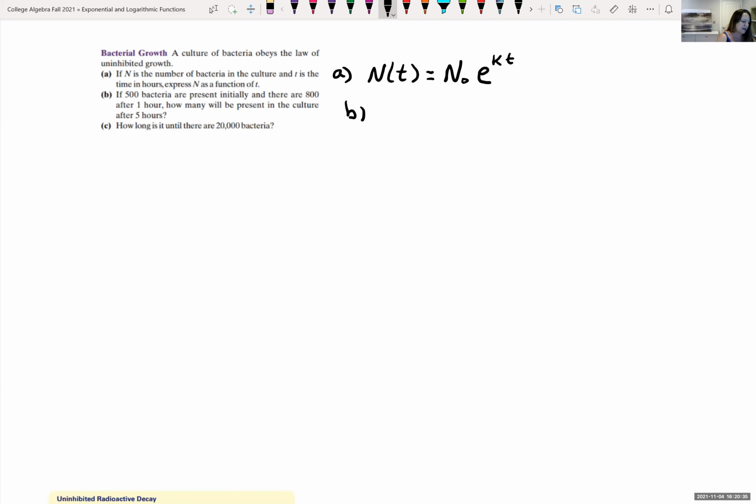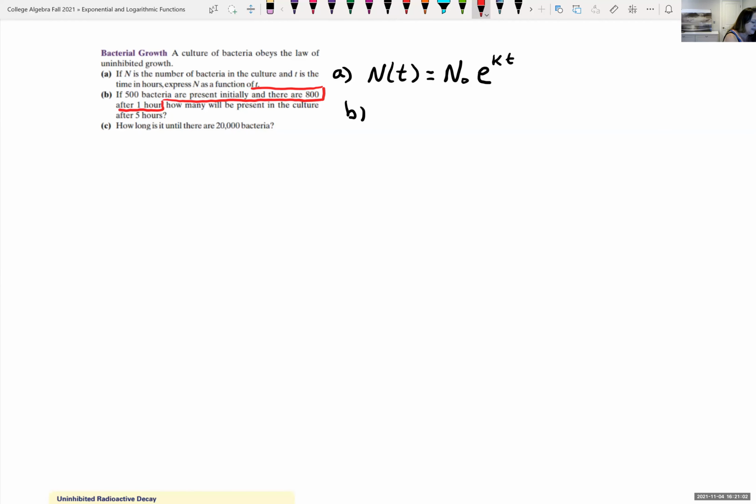So if 500 bacteria are present initially, and there are 800 after 1 hour, how many will be present in the culture after 5 hours? Okay, so this first part of this question is going to give us enough information to figure out what K is.